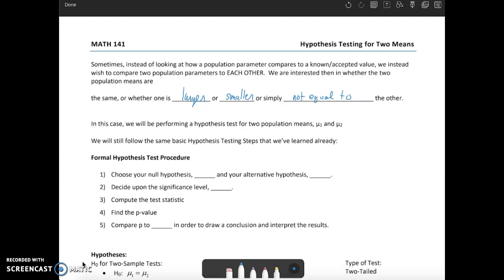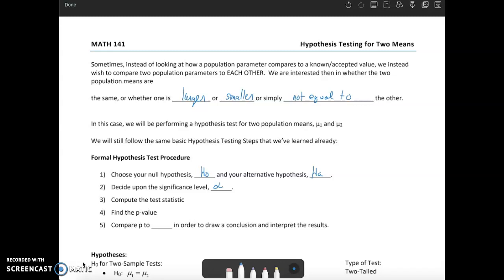So in this case, we will be performing a hypothesis test for two population means, mu1 and mu2. We will still follow the same basic hypothesis testing steps that we've learned already. The formal hypothesis testing procedure means that we choose our null hypothesis H0 and our alternate hypothesis H sub A. We decide upon or find in our problem the significance level alpha that we're using.